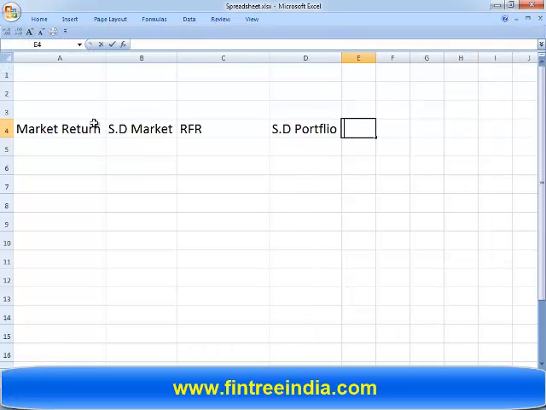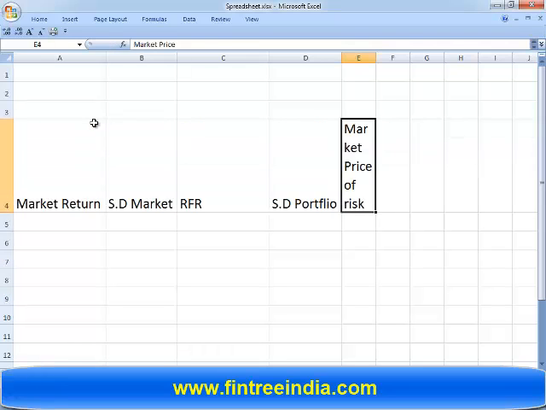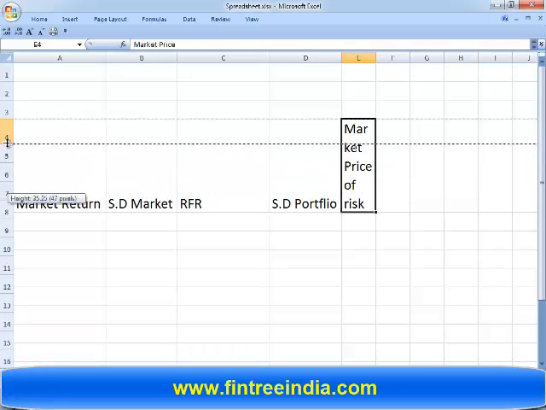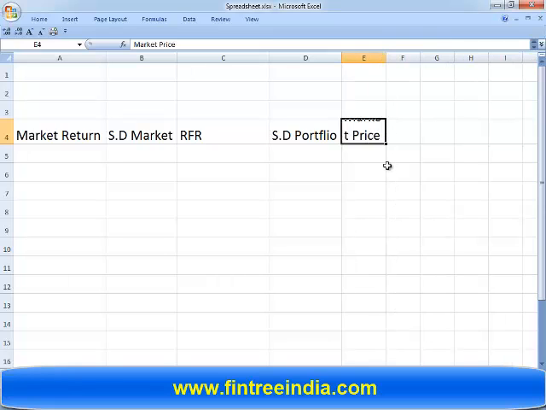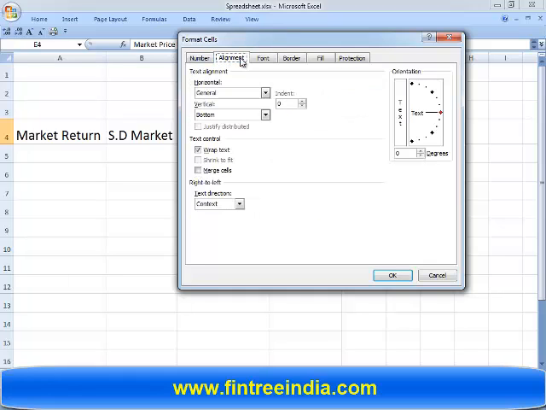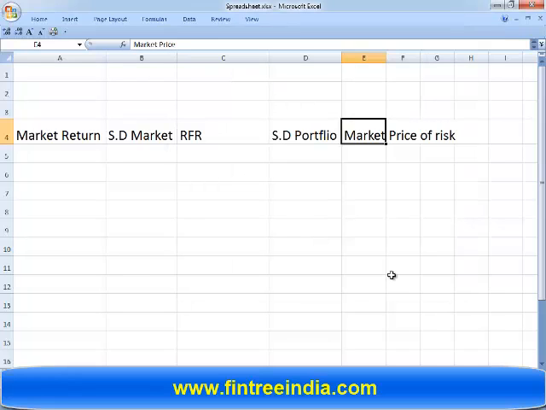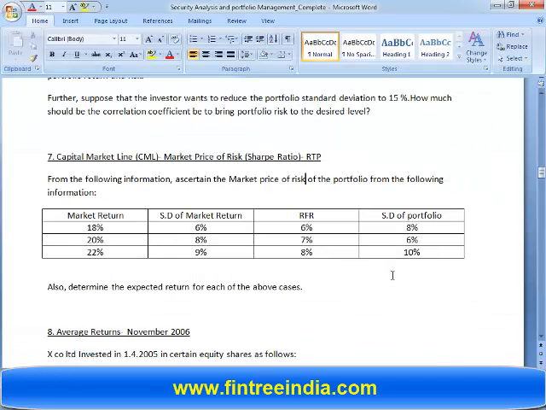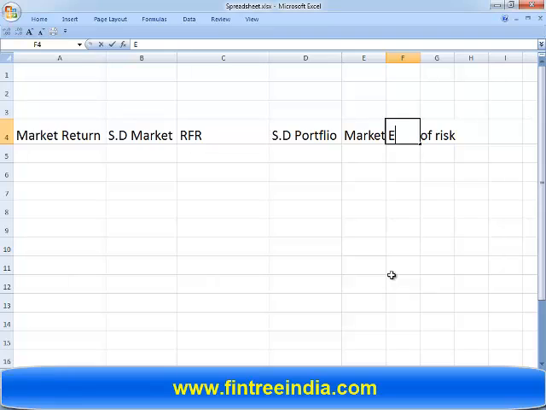Then here we will say market price of risk. Then after which we will say expected return on the portfolio.